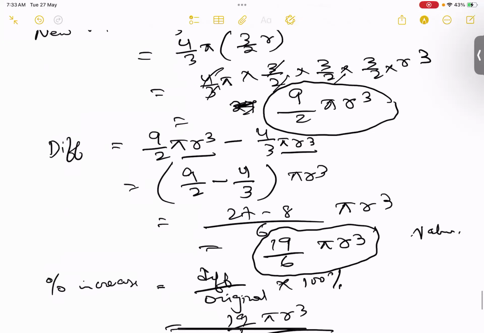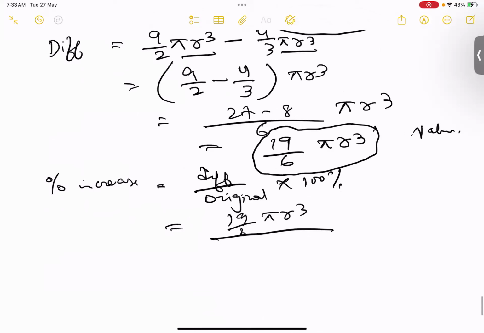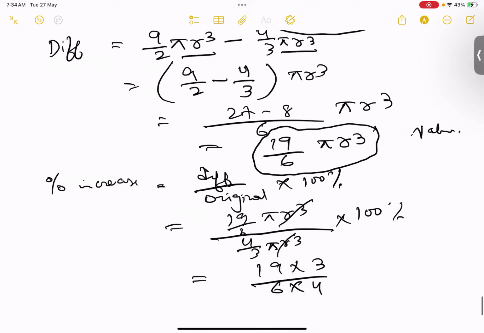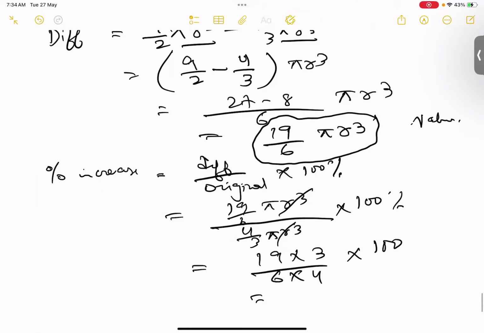What is the original volume? 4 by 3 by r cube into 100%. So by r cube cancel. We have 19 into 3 by 6 into 4 into 100. And if we try to solve this, you'll get it as 237.5%. So by increasing the radius by 50%, the increase in the volume is by 237.5%.